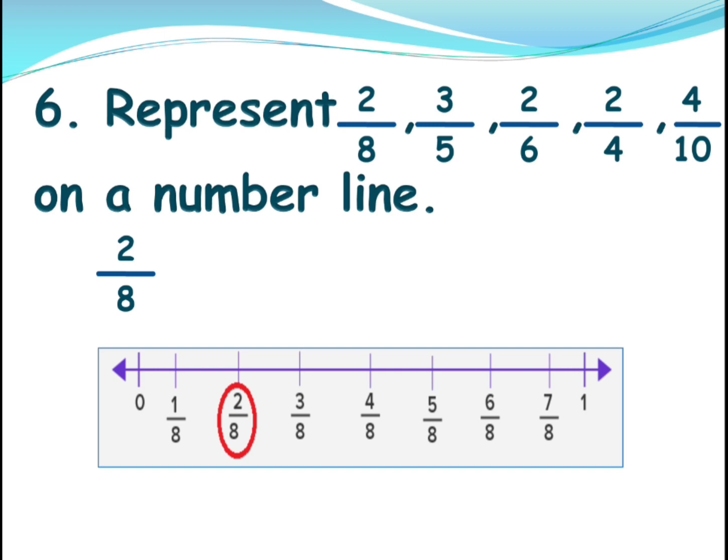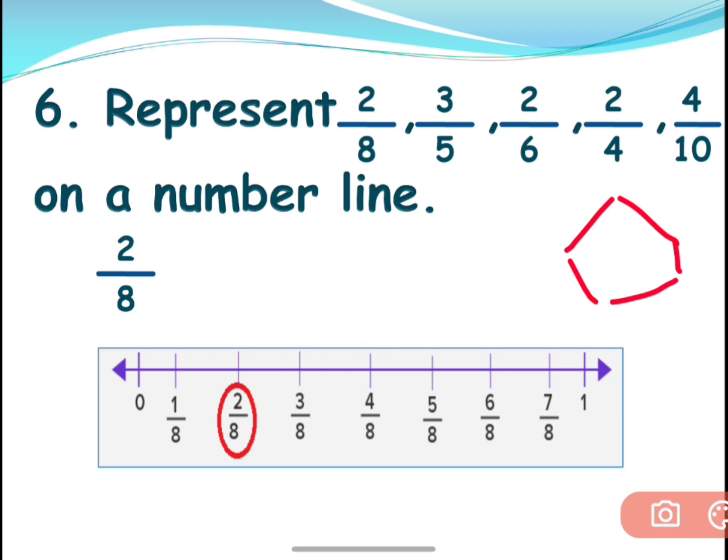Children, why we are doing from 0 to 1? Because fractions can be made from a one whole thing. In that you are making parts. If you take a shape, for example, let me take a shape of a pentagon.